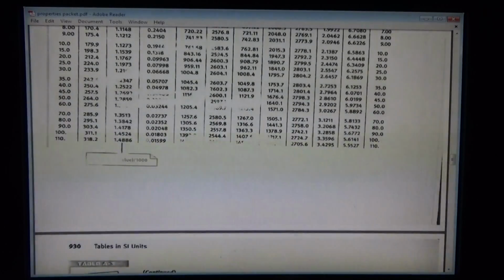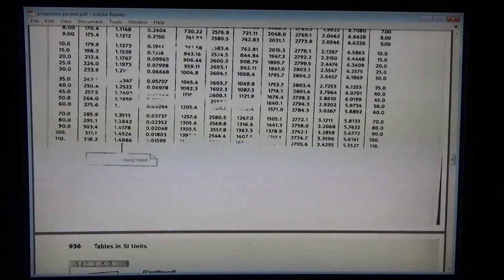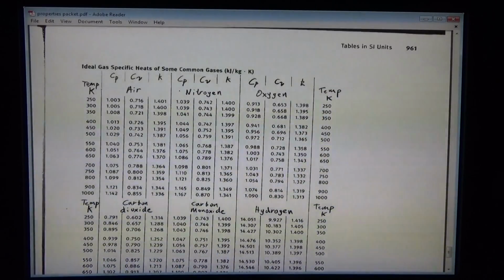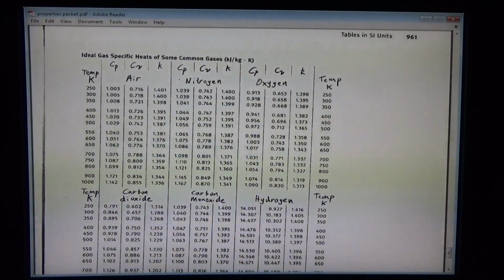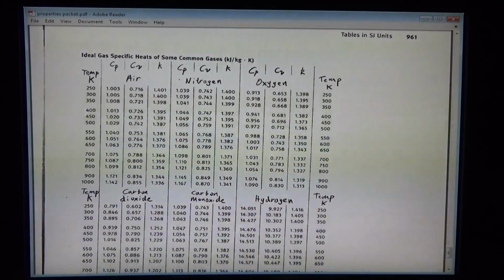So let's look that up, K at T1. So T1 was, or is, 285 Kelvin. So we can go down to the specific heats. And K for air, at 285 we're going to have to interpolate here between 1.401 and 1.400.